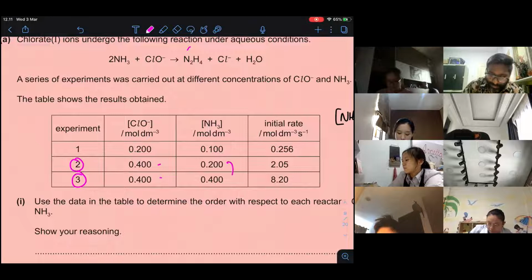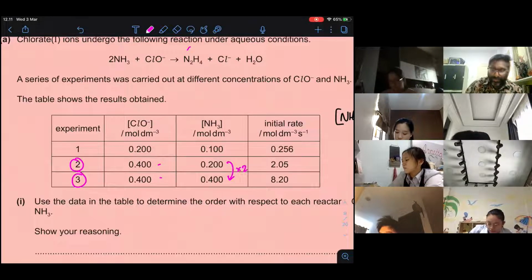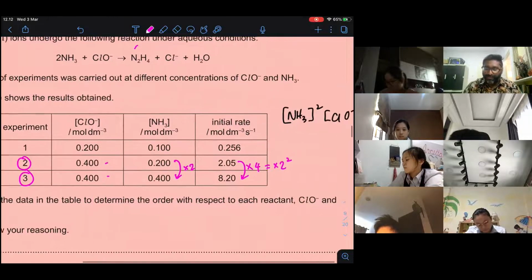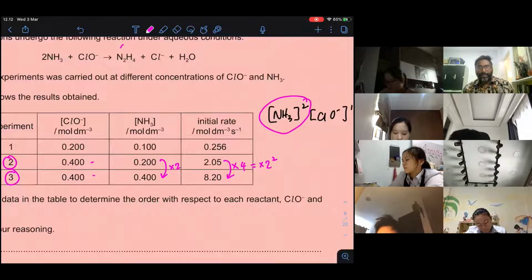So when I double this, what will happen here? You can see from 2 to become 8, this is going to be times by 4. This is similar to times by 2 to the power of 2. So you can see this is going to be a second order reaction with respect to ammonia. So I put second order.